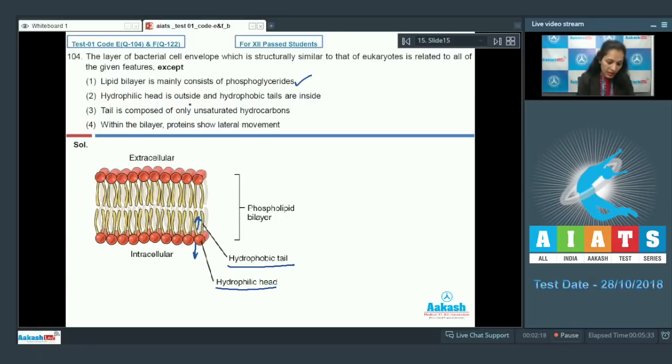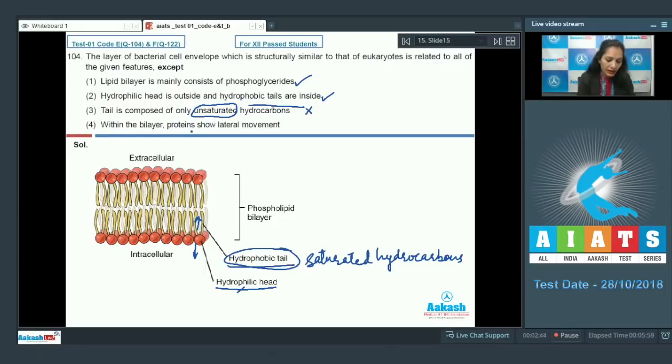So this is also true. Third, the tail is composed of only unsaturated hydrocarbons. No, the hydrophobic tail is composed of saturated hydrocarbons. So this is the incorrect one.